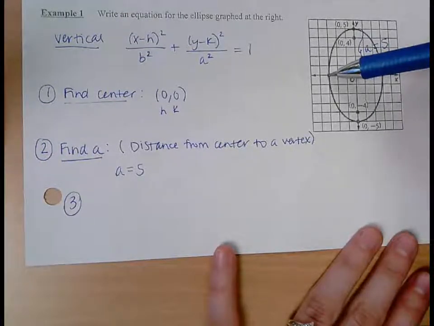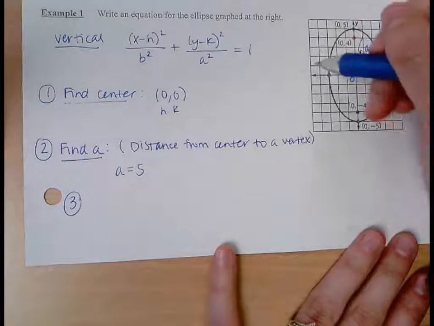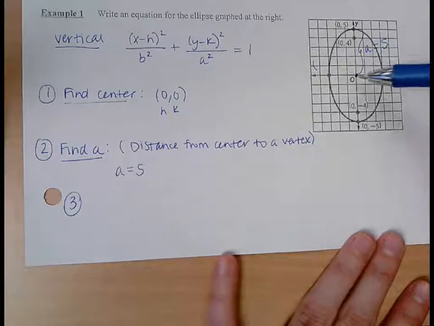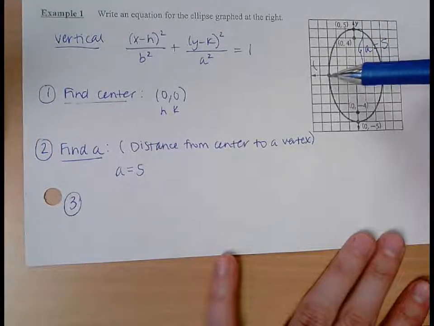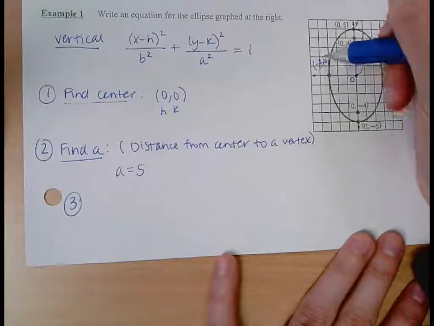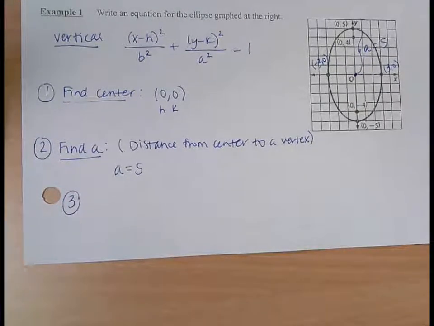They do have points where the co-vertices are, and even though these points aren't labeled, you can easily tell what the point is. So we could say this is the point here of -3, 0, and this is the point 3, 0.